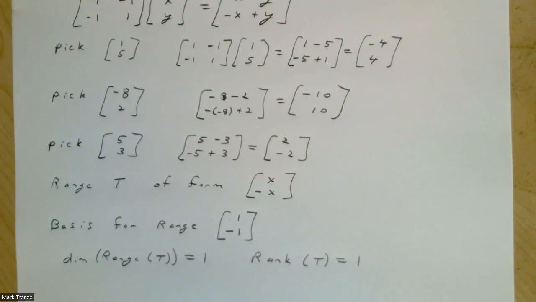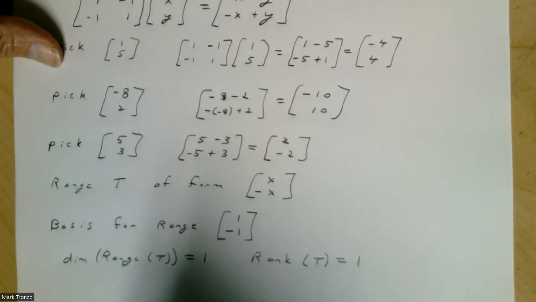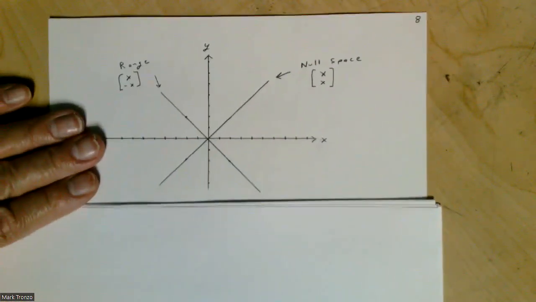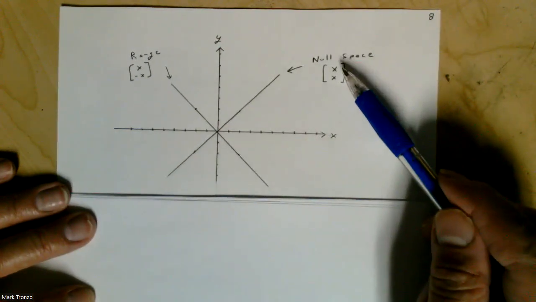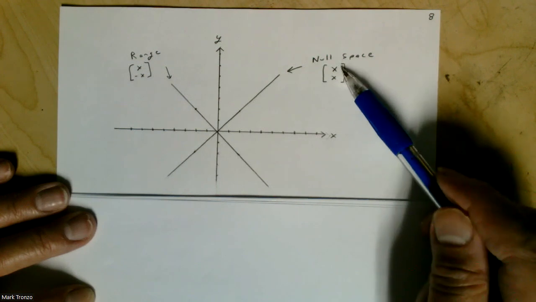And actually, I plotted these here. Let me just show you a minute what I have. So I plotted the null space here. Remember, the null space was of vector form x, x, and the basis was 1, 1.